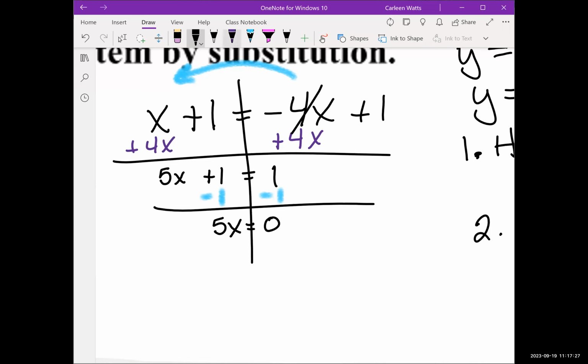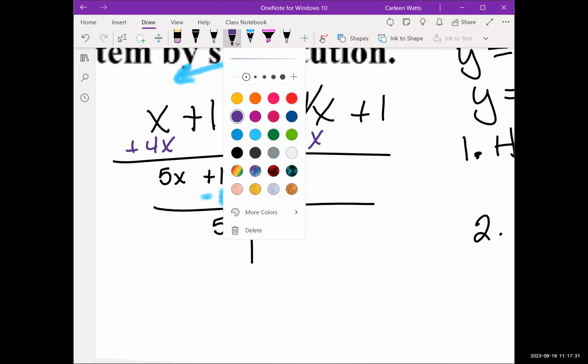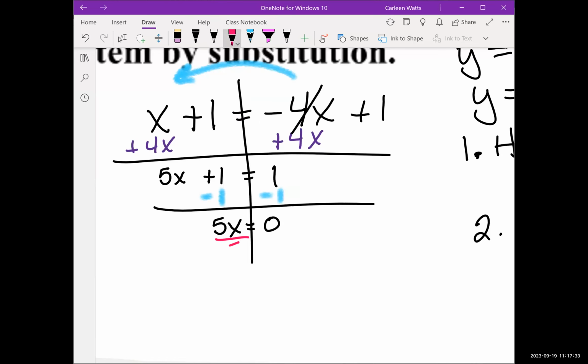And last step, divide by 5. X is equal to, now, can you have a 0 on top of a fraction? Yes. Can you have a 0 under a fraction? No. So x equals 0.